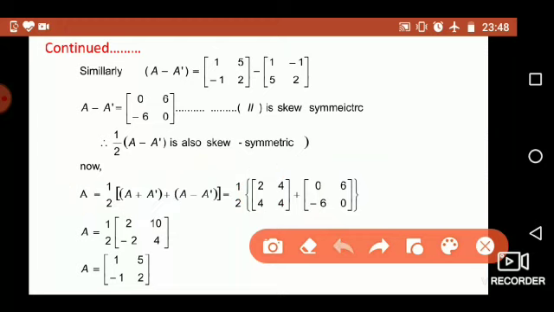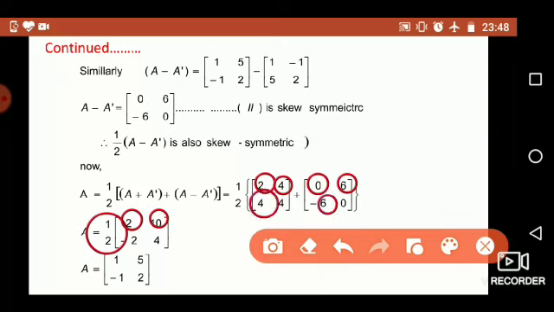Therefore, we add the corresponding elements of the matrices, that is 1 by 2 times 2 plus 0, that gives 2, 4 plus 6, that gives 10, 4 minus 6 gives minus 2, and 4 plus 0 again gives 4.